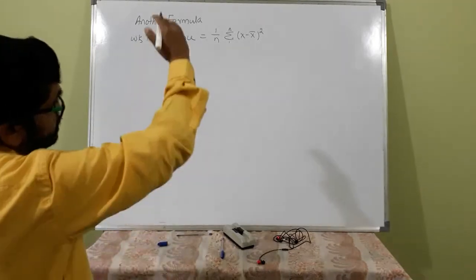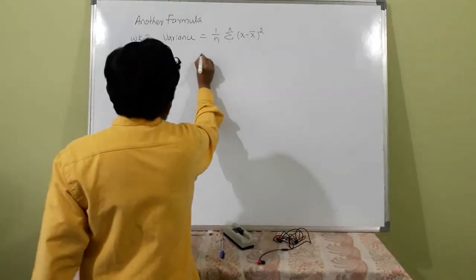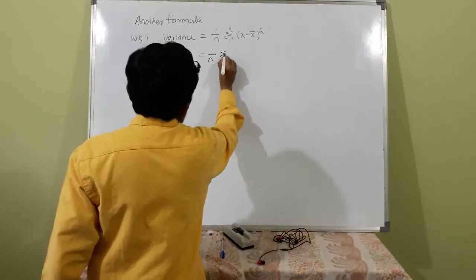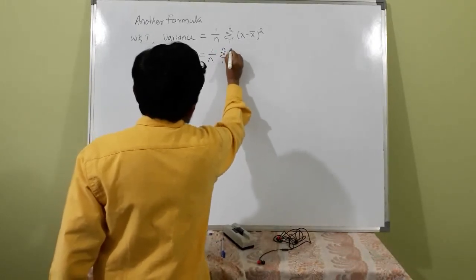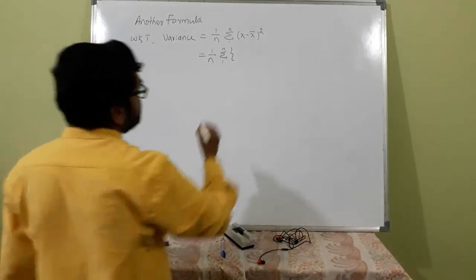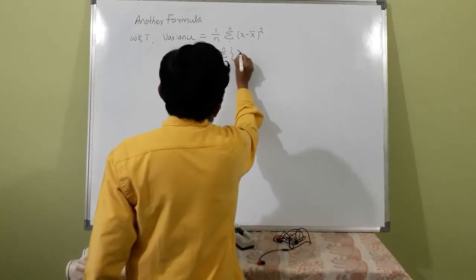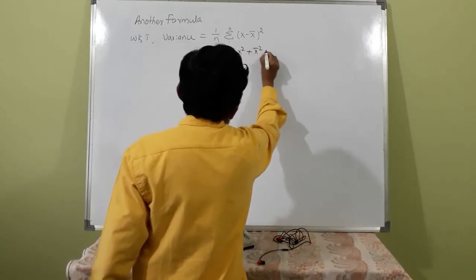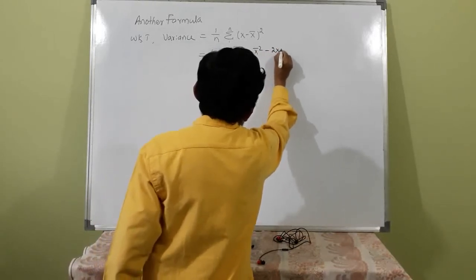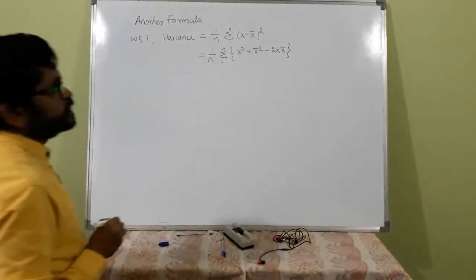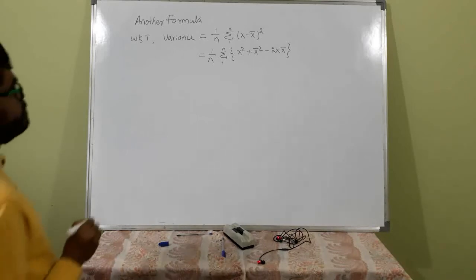This is over n values. 1 by n into summation of 1 to n x minus x bar whole square. a minus b whole square is a square plus b square minus 2ab.